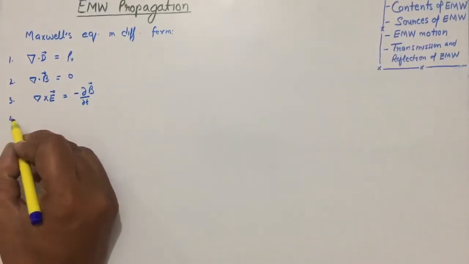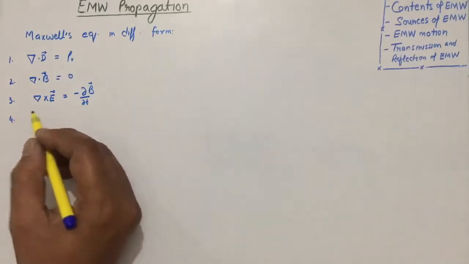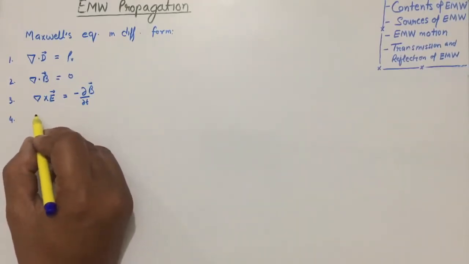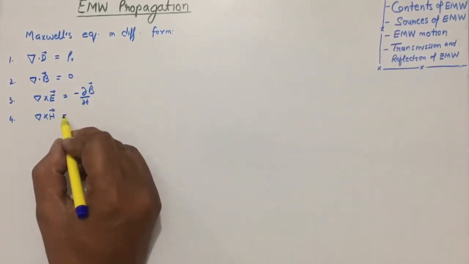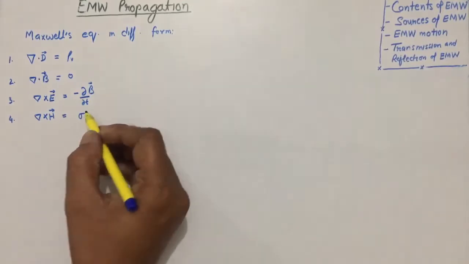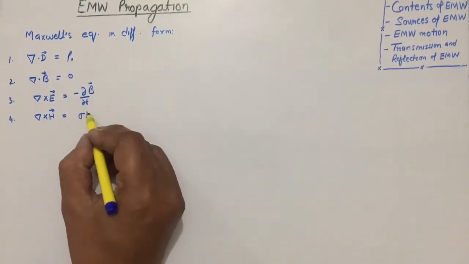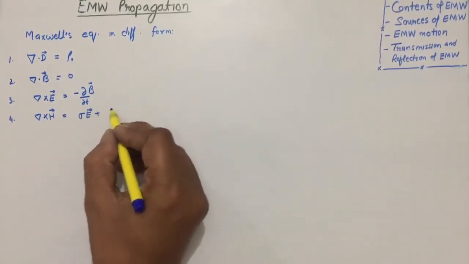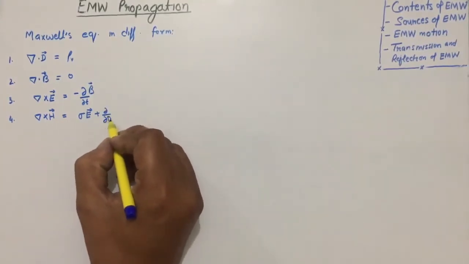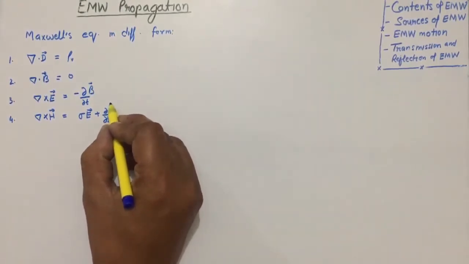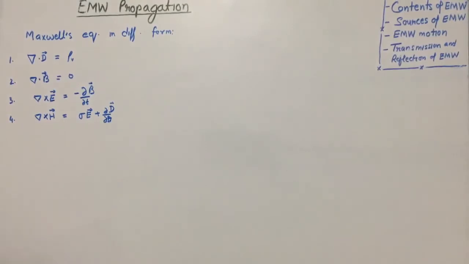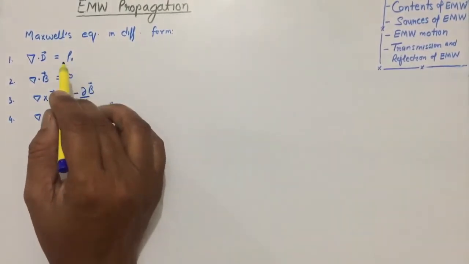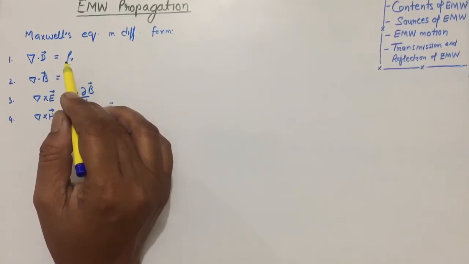And the fourth was related to the modified Ampere's law, that was del cross H is equal to conductivity times E plus del D over del t. So we have these relationships in Maxwell's four equations in differential form.